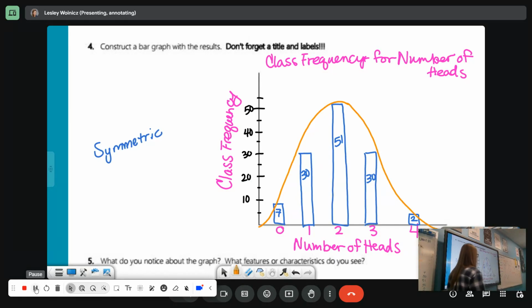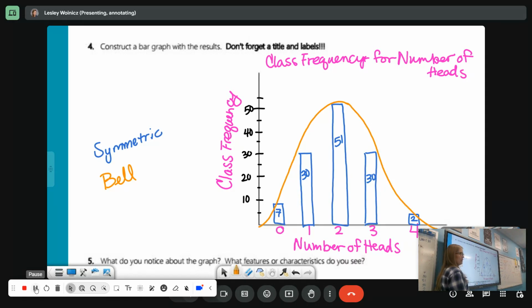What does that kind of look like? A bell. Okay, so what do you notice about the graph? Well, the distribution is roughly symmetric. It kind of looks like a bell shape.